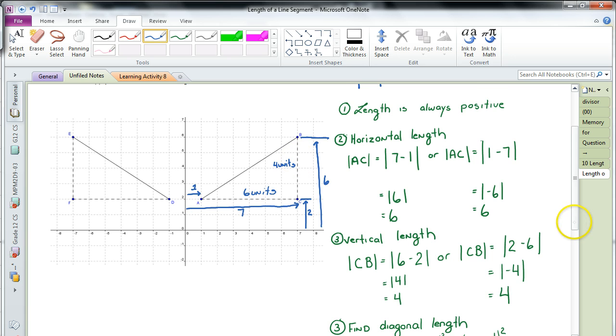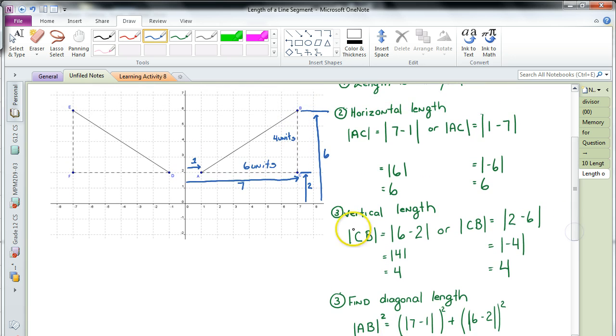So again, I can say that the length of line segment CB is the absolute value of 6 minus 2, which gives me 4. And notice, regardless of whether I do 6 minus 2 or 2 minus 6, it doesn't matter, because those absolute value brackets will make whatever the result is positive.